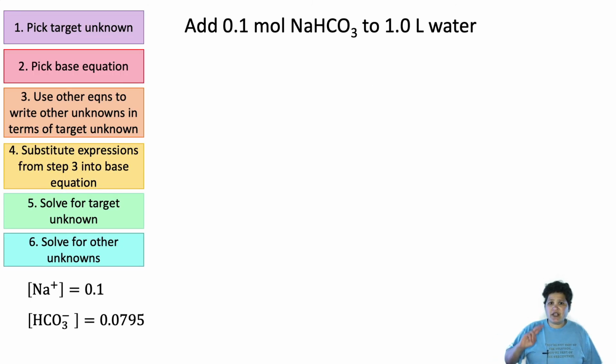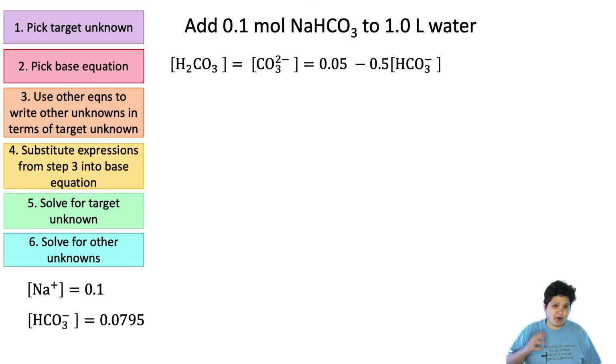Okay, so now we know 2 concentrations. We know our sodium is 0.1. We know our bicarbonate is 0.0795. So now we can solve for our other unknowns. Bicarbonate is the same as carbonate. Remember, we figured that out, which is going to be 0.05 minus 0.5 times the bicarbonate concentration, which was 0.0795.